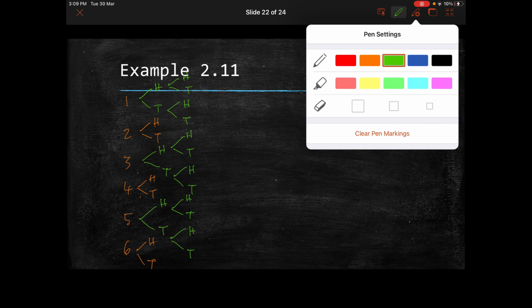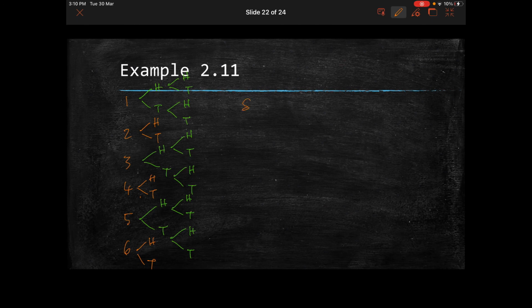So to write the sample space S, you have 1H, 1HT, so 1H, 1HT, 1TH, 1TT.